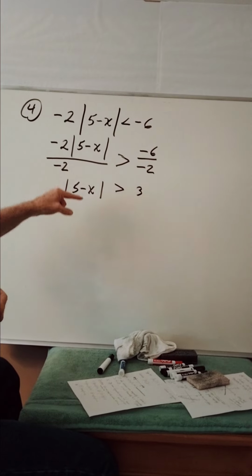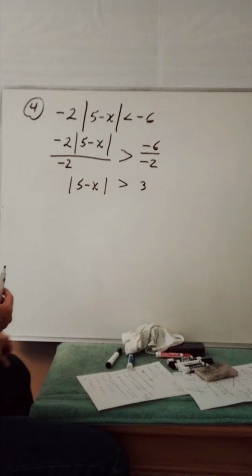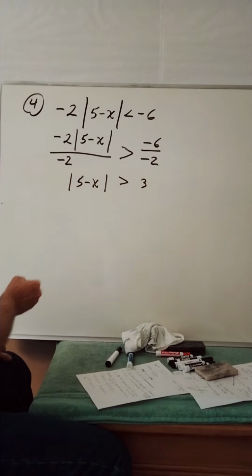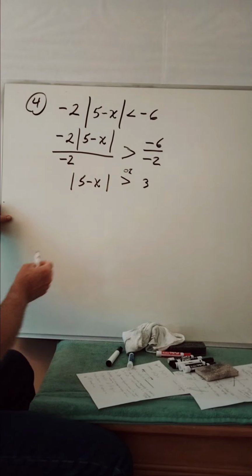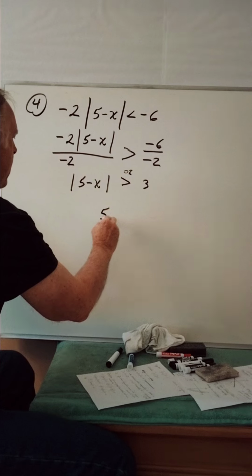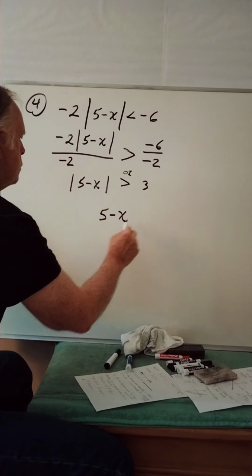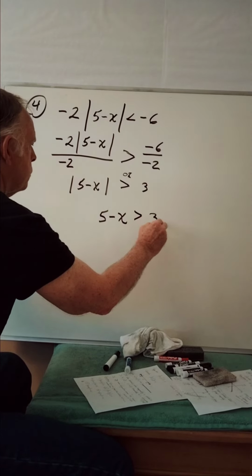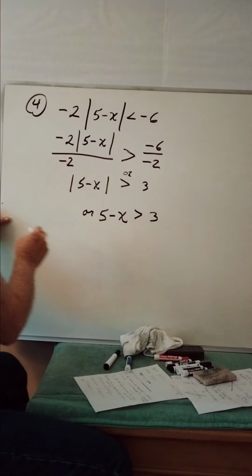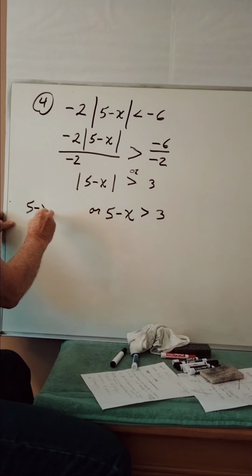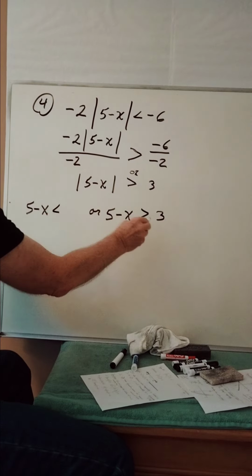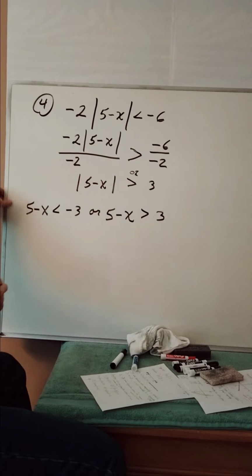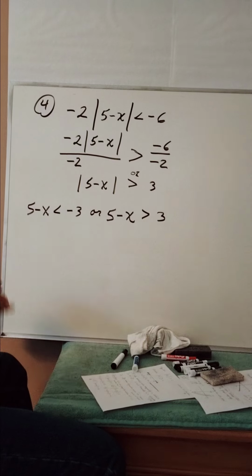Now we have our disjunction. Now we have our or. Now we'll translate. 5 minus x is greater than 3, or 5 minus x will be less than negative 3. Opposite, opposite.